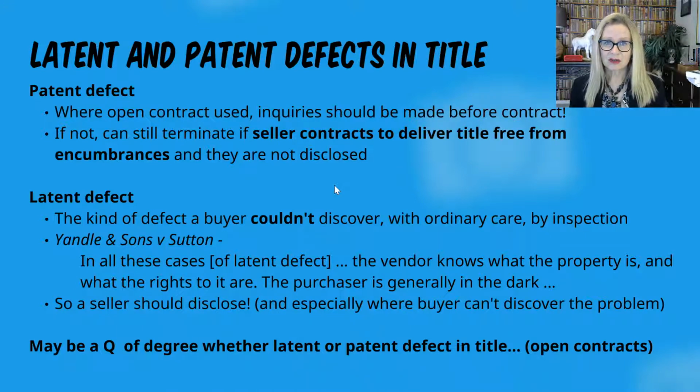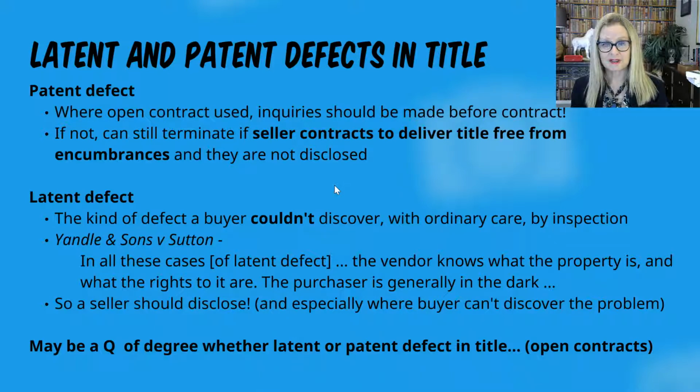Latent defects in title are of the kind, as I say there, that the buyer couldn't discover with ordinary care by inspection. The Yandel and Sons case is relevant again there, tells you why the seller really needs to disclose in this kind of situation. In all these cases of latent defect, the vendor knows what the property is and what the rights to it are.